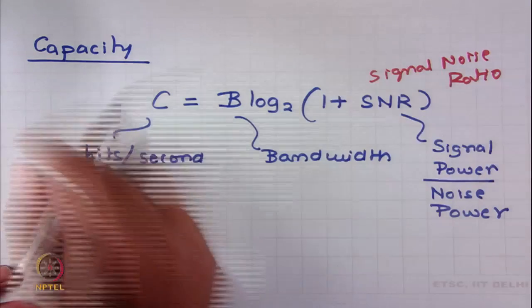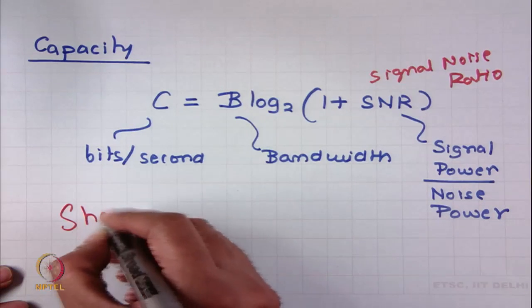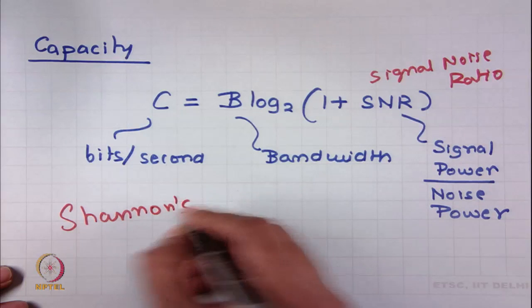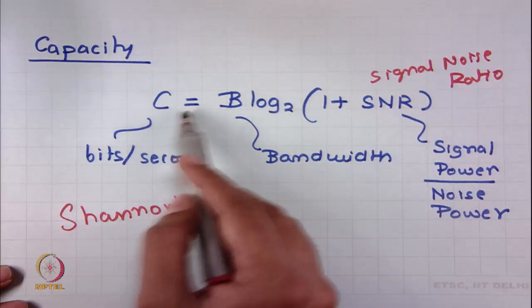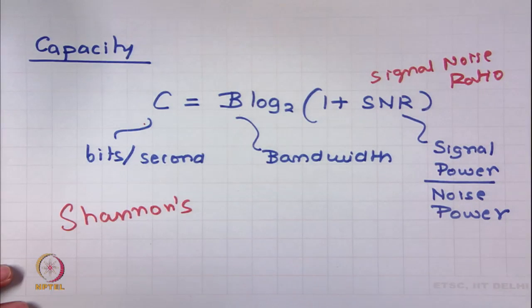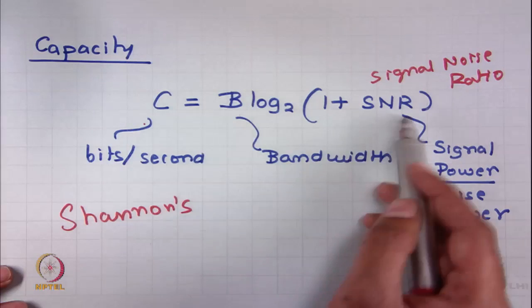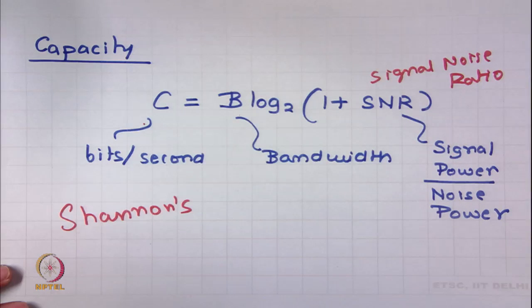This expression came from Shannon's celebrated work on communication systems. Essentially, it says that you can increase the capacity by either increasing the bandwidth of the communication system or by increasing the signal power.